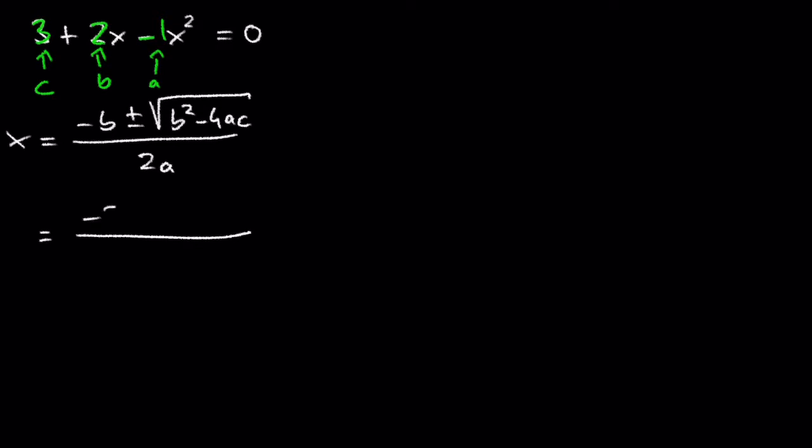So we get negative 2 plus minus the square root of 2 squared minus 4 times negative 1 times 3 and 2 times negative 1.